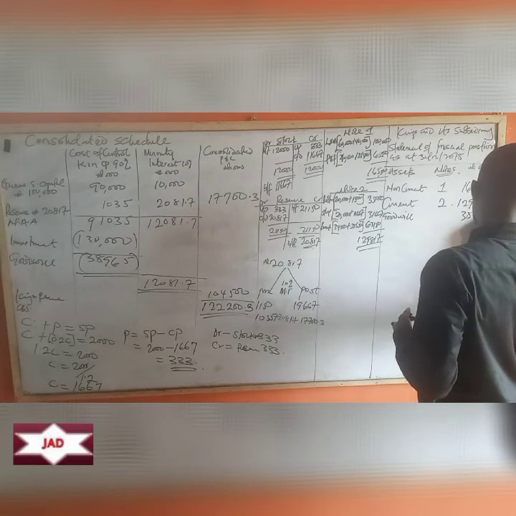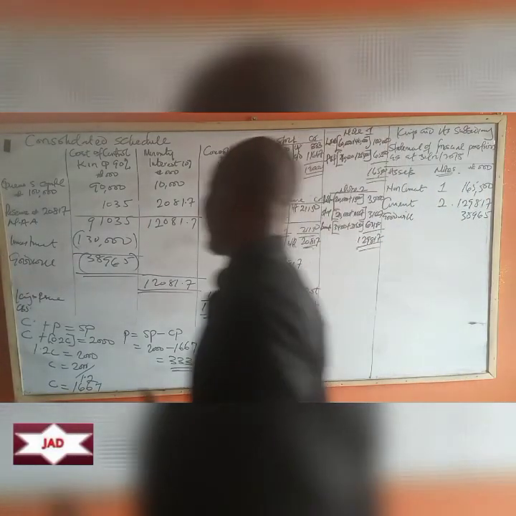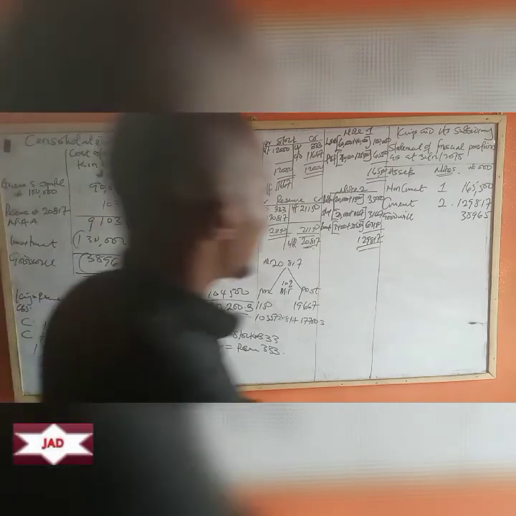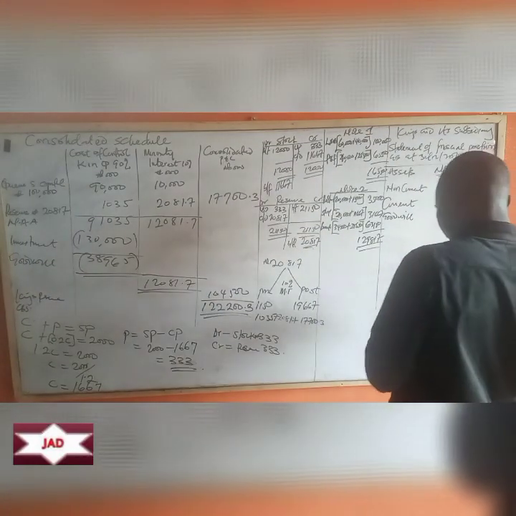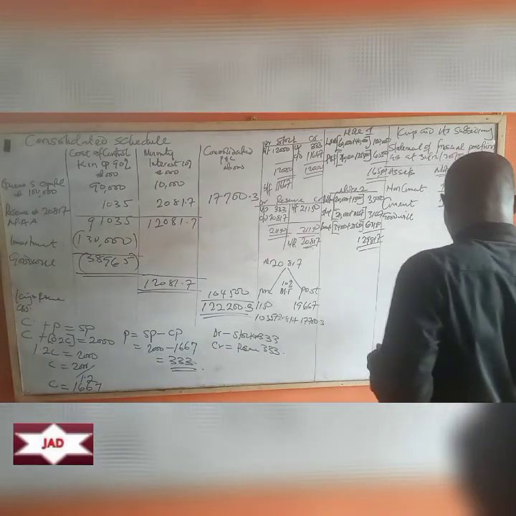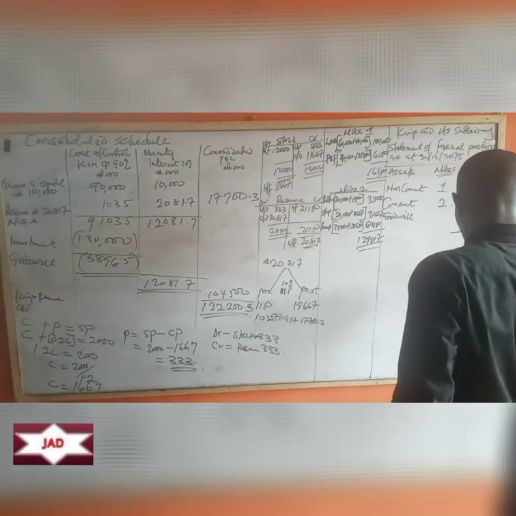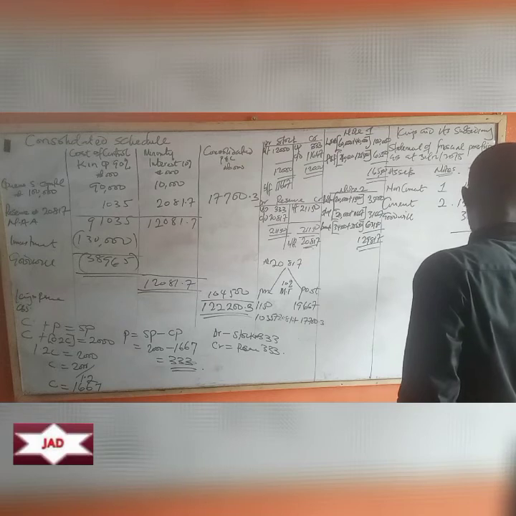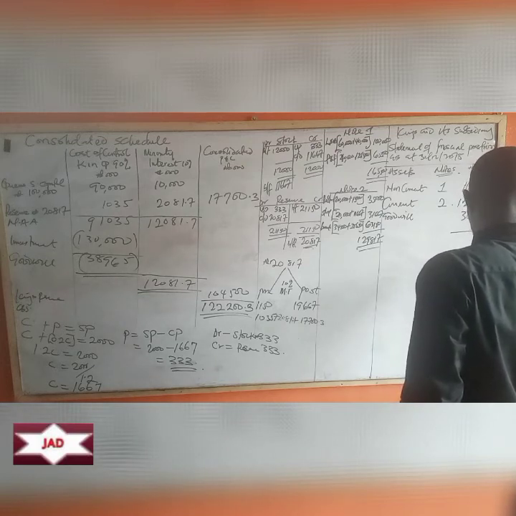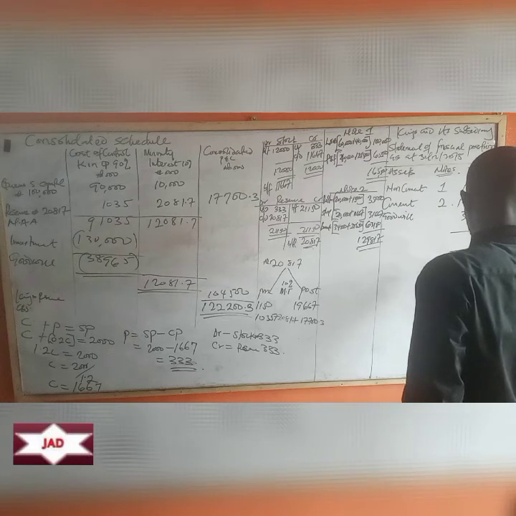That's 8965. So what else? That's also when you add up. So that asset here, what do you have? 165,500 plus 129,817 plus 8,965.